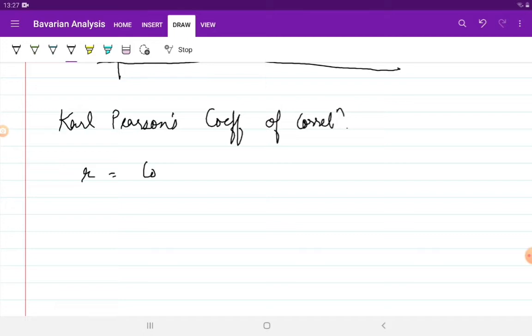The formula is the covariance of x comma y divided by the standard deviation of x and the standard deviation of y. That is, it is p xy by sigma x sigma y.